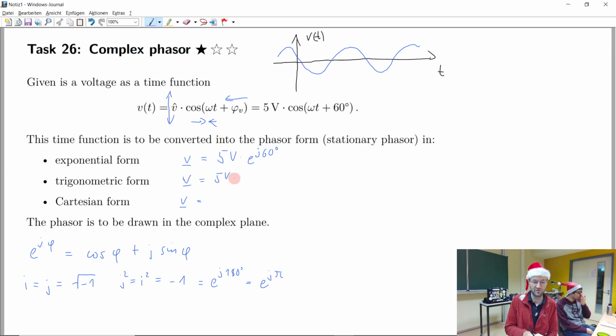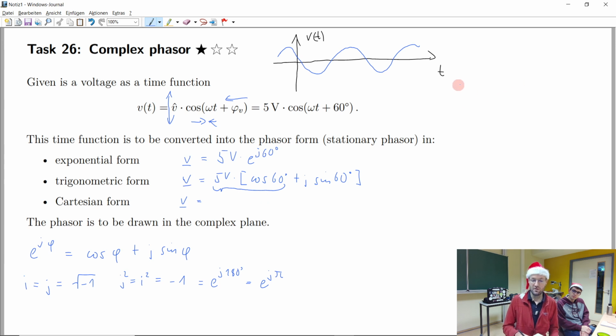So we get 5 volts multiplied with cosine of 60 degrees plus j sine of 60 degrees. And then we can just calculate this and combine this with each other, and then we get the real part of the Cartesian form. And if we take the 5 volt and multiply it with the sine function and the j, then we get the imaginary part of the Cartesian form.